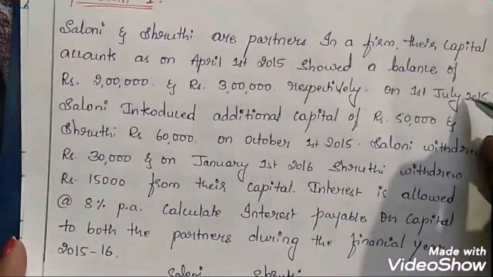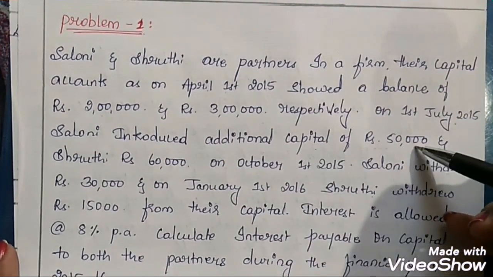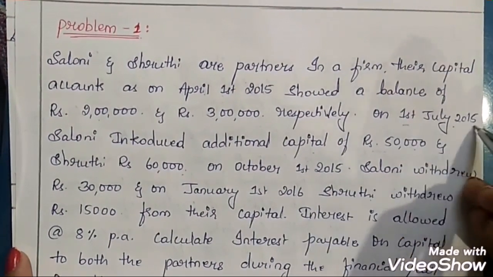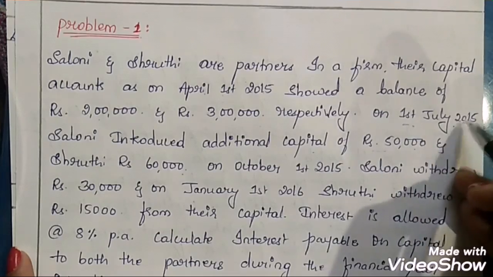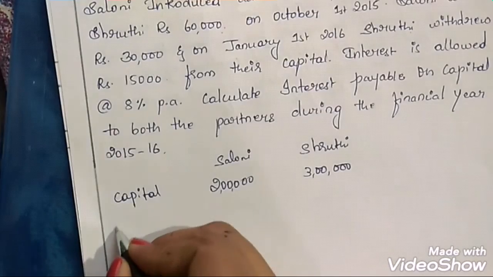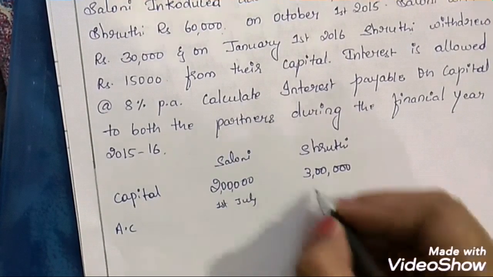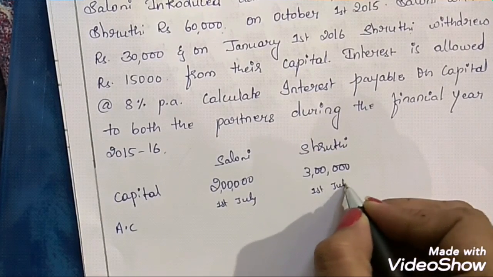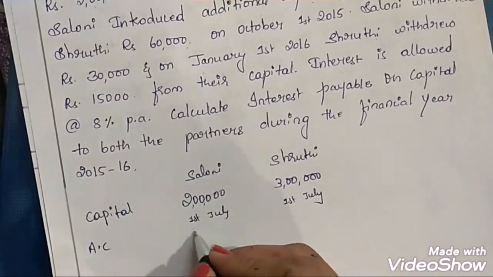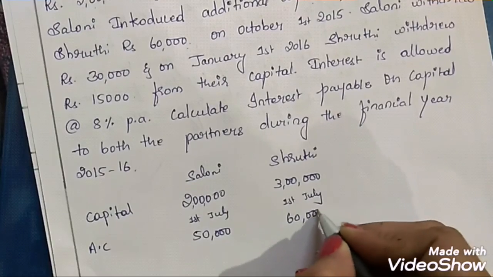On 1st of July 2015, Saloni introduced additional capital of rupees 50,000 and Shruti rupees 60,000. See, here the date is very important. On 1st of July, additional capital has been introduced by both the partners. So additional capital on 1st July of Saloni is rupees 50,000 and Shruti is rupees 60,000, right?